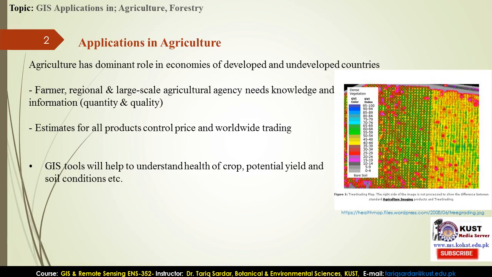The exact figures might differ, and agriculture might not be that developed, but to a certain extent its major role in the economy of Pakistan and other countries is clear. Farmers, or regional and large scale, local or national agencies, food organizations and authorities need to know about this sector.